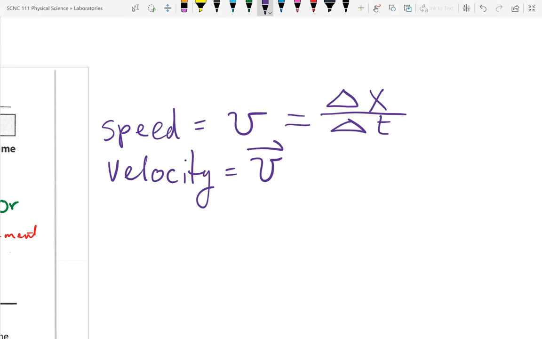I always have to share, I think it was my first year here at Union, I was talking about something and I used this symbol here, which is the Greek letter omega. And I had a student come up to me after class. She didn't want to embarrass me, but she said, you know, I used to be in a sorority and they made us memorize the Greek alphabet, and that's not omega.